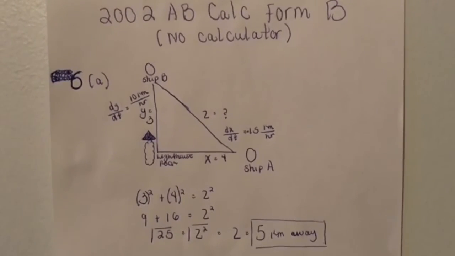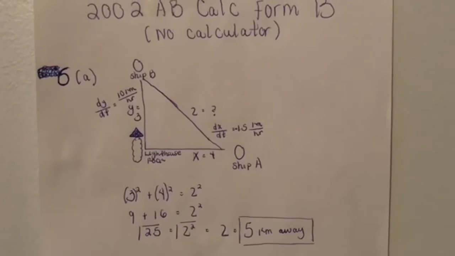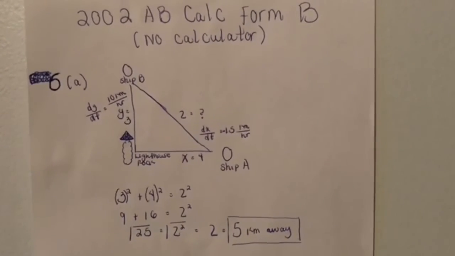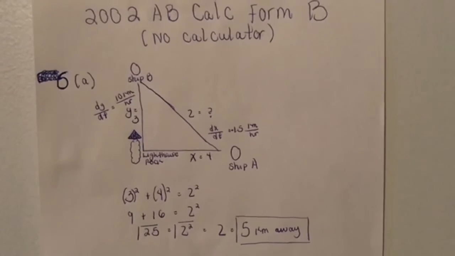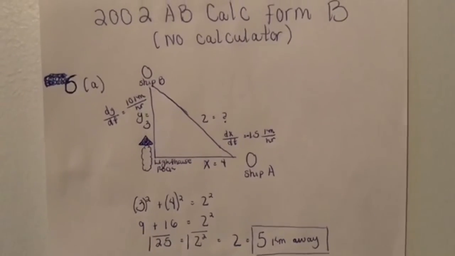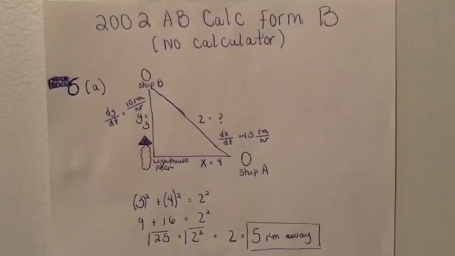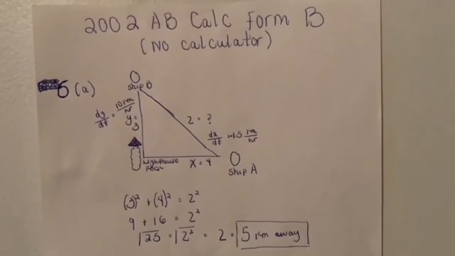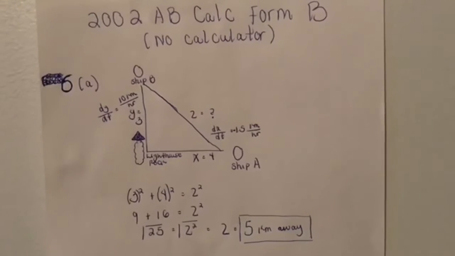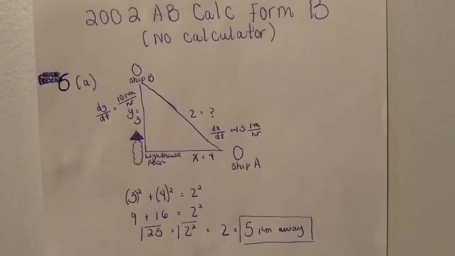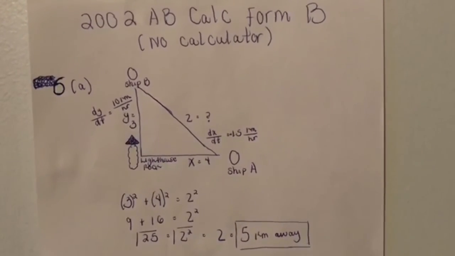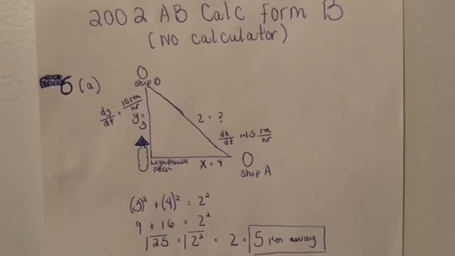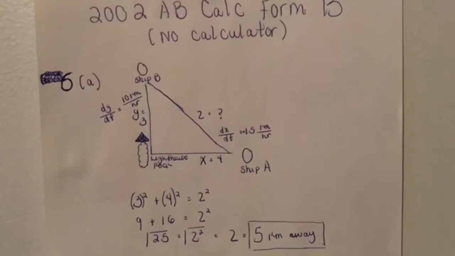As the y values are getting more positive, dy over dt is equal to positive 10 kilometers per hour.